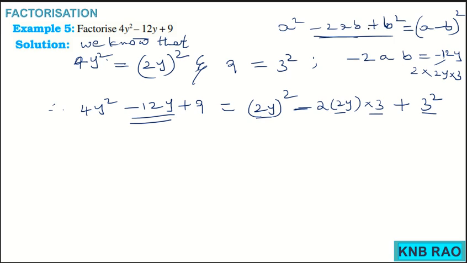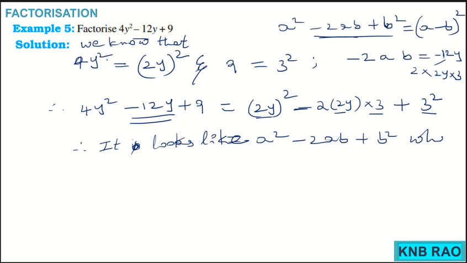So, it definitely looks like a square minus 2ab plus b square, where, what is a?